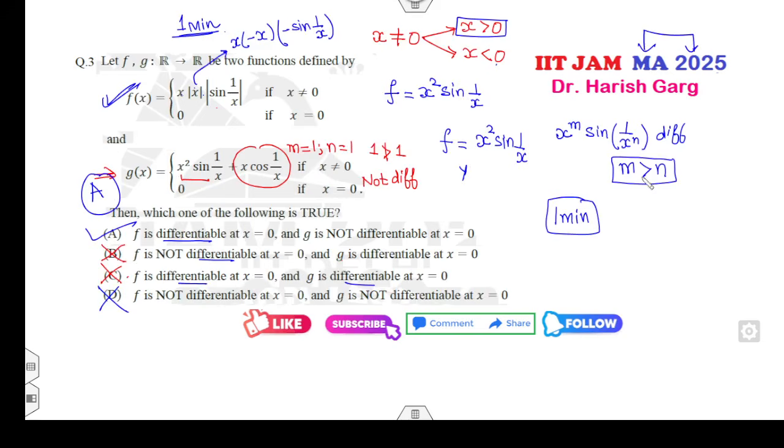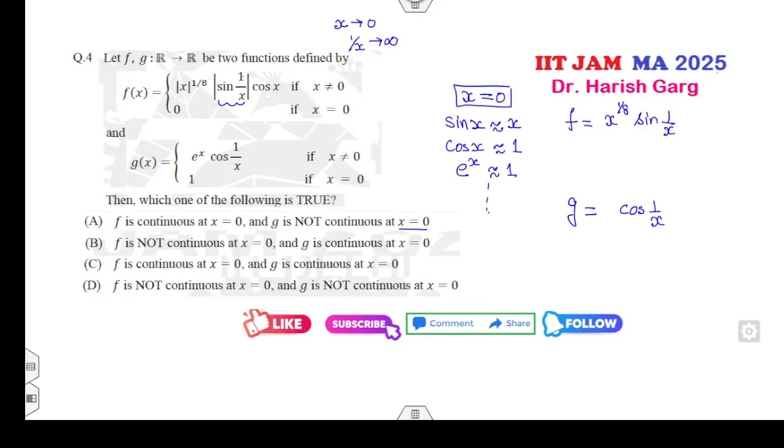Now when is this kind of function said to be continuous? What was the condition for continuity? Whenever m and n are strictly greater than 0. Now look at that. 1 over 8 and x1 are both greater than 0. Yes, they are continuous. There was a modulus here, so you can make two cases, positive and negative.